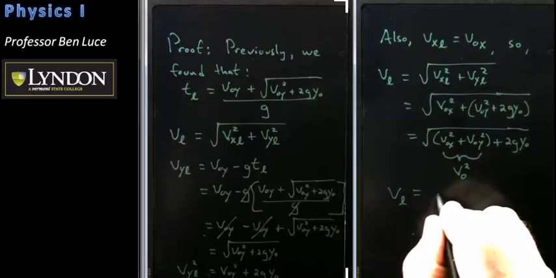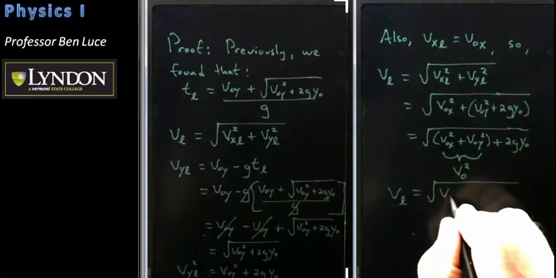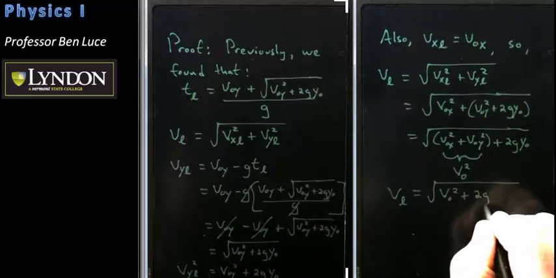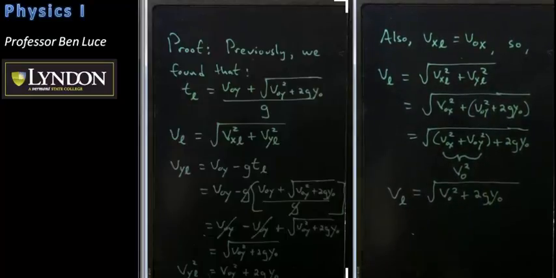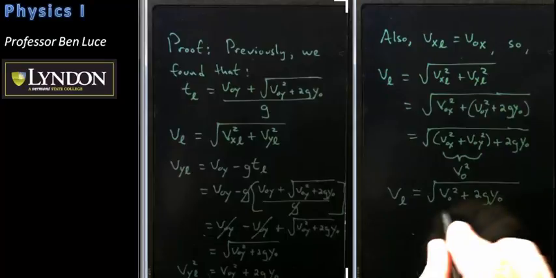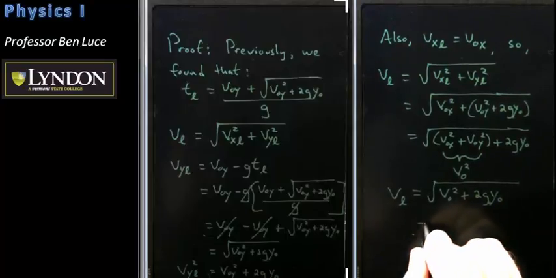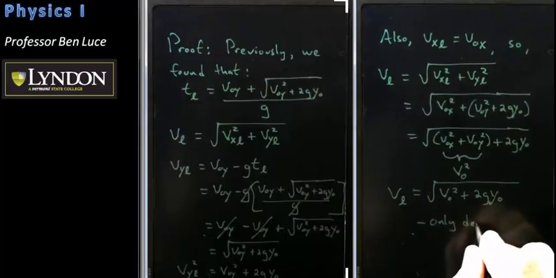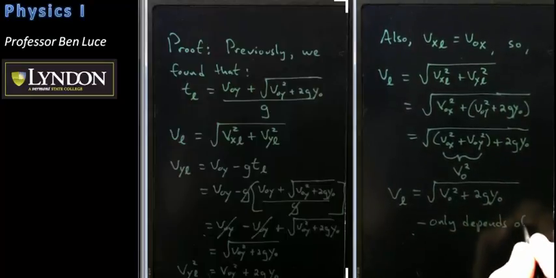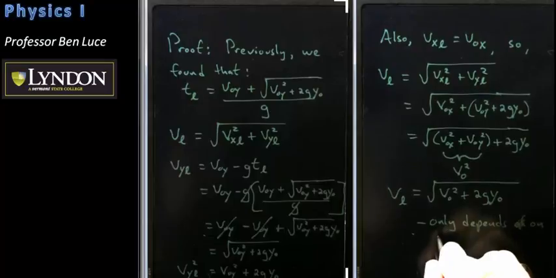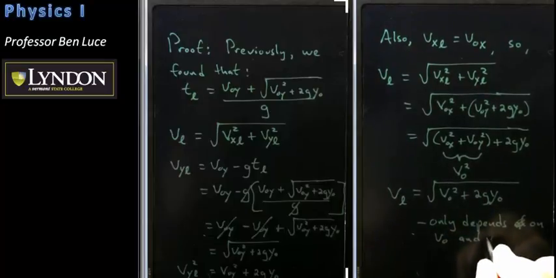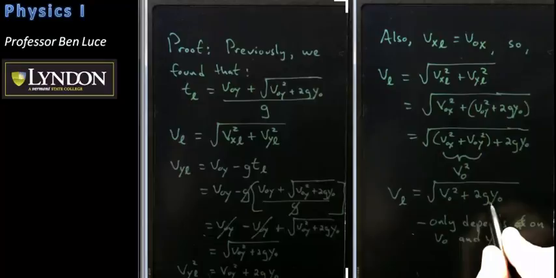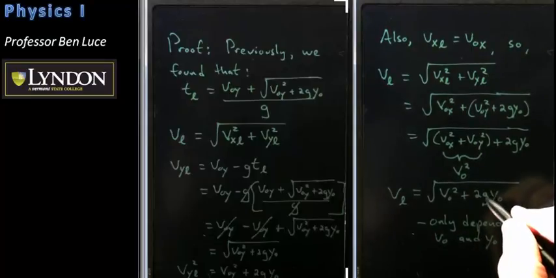So it turns out that VL reduces down to this expression. And you'll notice that theta appears nowhere in this expression. This only depends on V naught and y naught, and also on g, that is how high above the ground you're starting, assuming that g can be taken constant, assuming we're not moving too much.